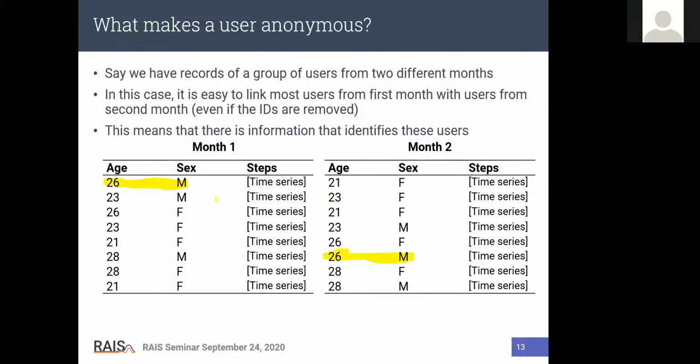The same holds also for the others, like 23 and male, and so on. So this means that there is information that identifies this user, even if they are not unique identifiers, but a combination of these attributes enables linking these users from one table to the other.